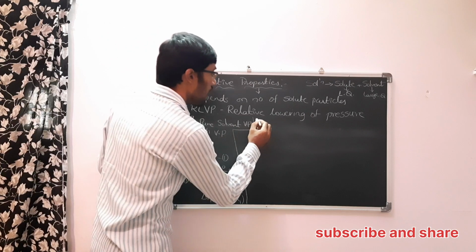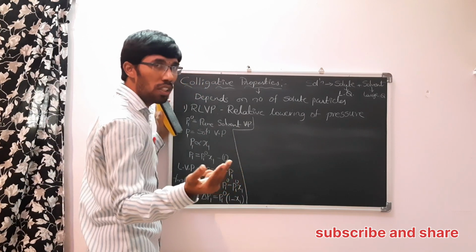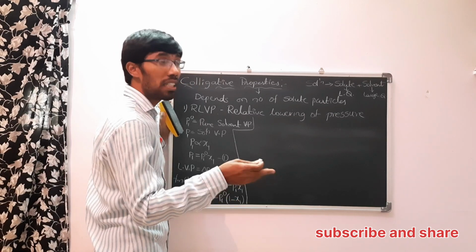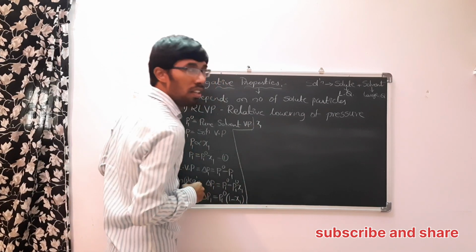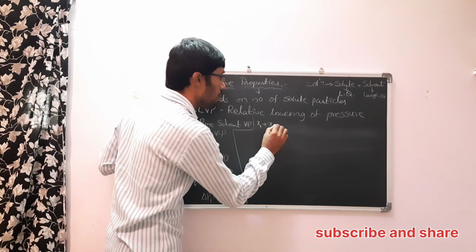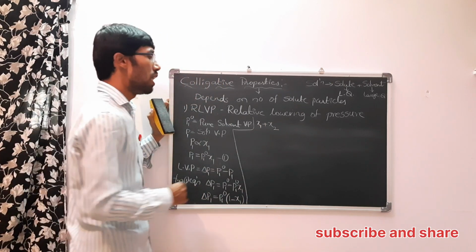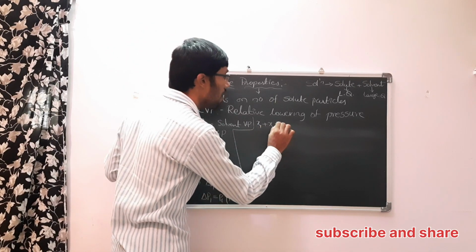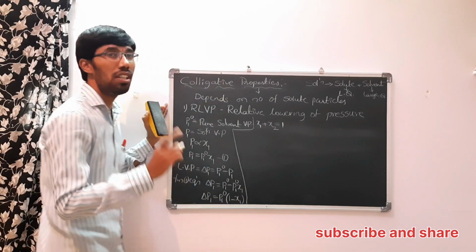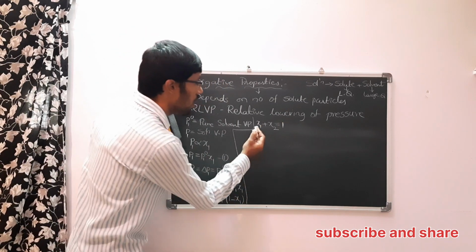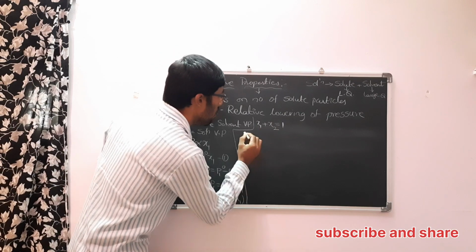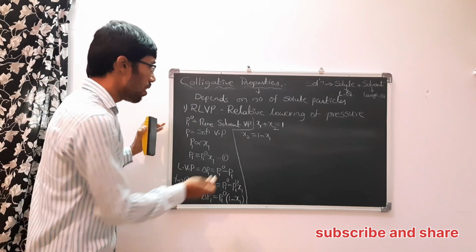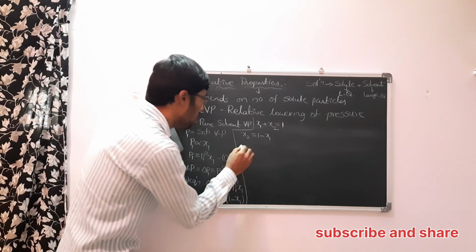If the solution has two components, one the solute and the second the solvent, where X1 means mole fraction of the solvent and X2 means mole fraction of the solute, then the sum of the mole fractions of all components is always unity, equal to 1. We require 1 minus X1, so we shift X1 from here to there and get X2 is equal to 1 minus X1.